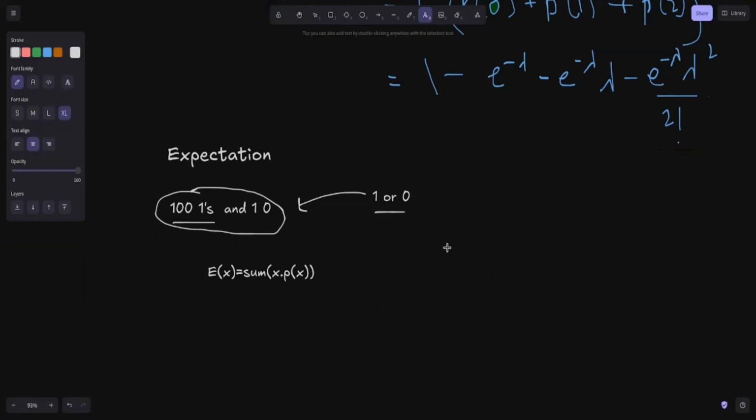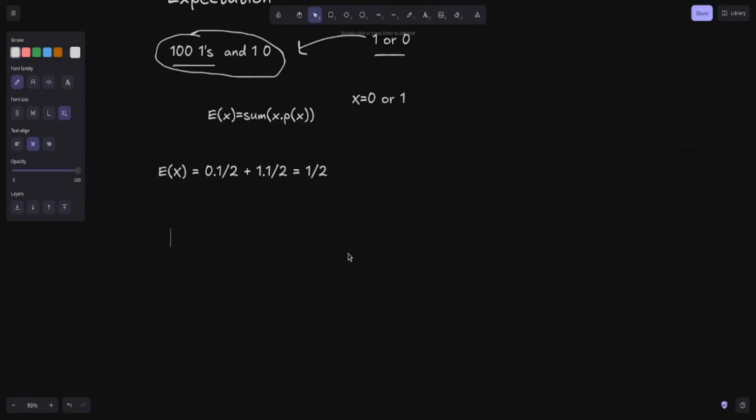Simple logic. Here X can be either 0 or 1, right? So with half chances each, E(X) will be 0 into half plus 1 into half. Then that would be half. Okay, this is very simple.